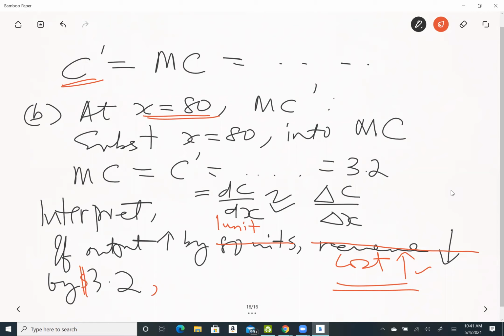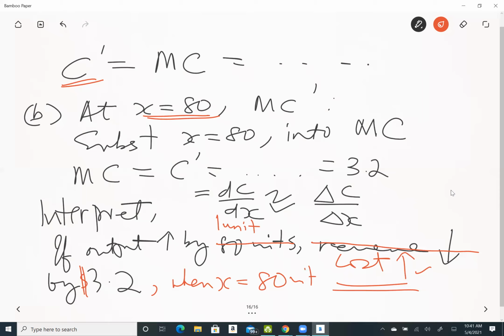So how does the 80 come in? When X equals 80. So we have to mention the point of the derivative. Okay, that's good. We started with the wrong one, now we got it right.